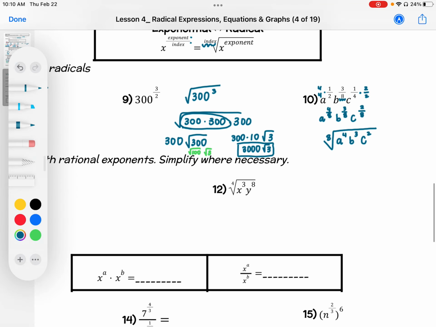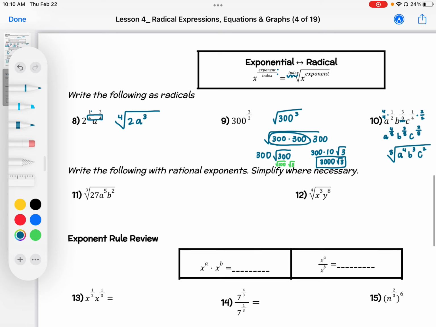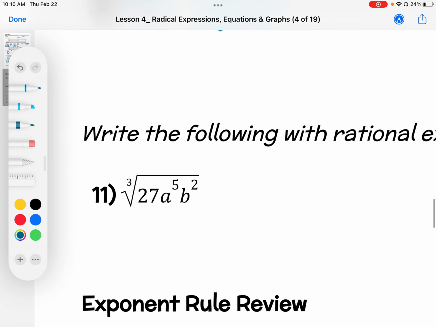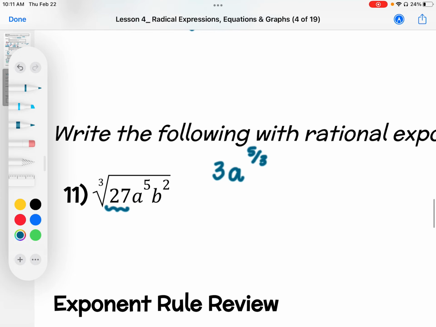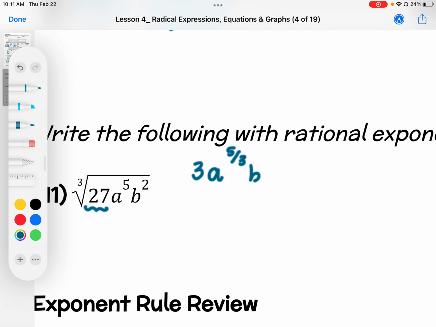All right, and then we're going to go the opposite direction too. So if we have the cube root of 27, you need to know that that's a perfect cube. The cube root of 27 is 3. And then we're just going to write the rest of it as fractions. So a to the 5 over 3, the exponent is 5, the index is 3, and b to the 2 over 3.